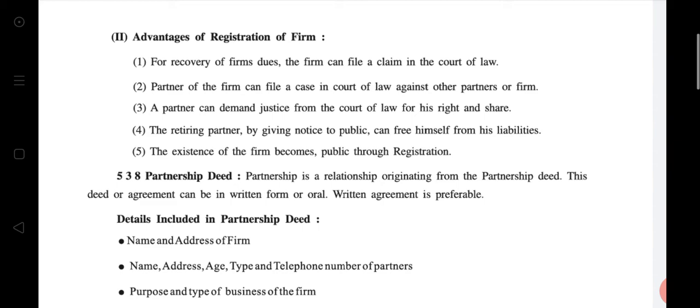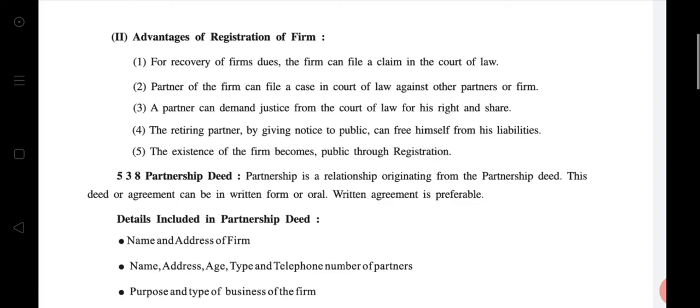Then second, a partner of the firm can file a case in a court of law against another person or firm. A little bit the same as the first one. Then a partner can demand justice from the court of law for his right and share. Then a retiring partner, by giving notice to the public, can free himself from his liability.